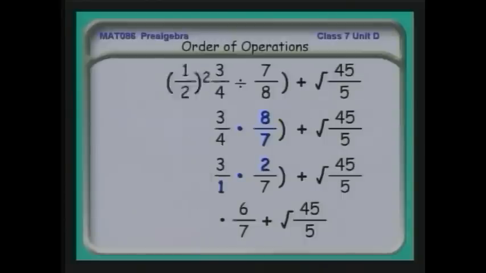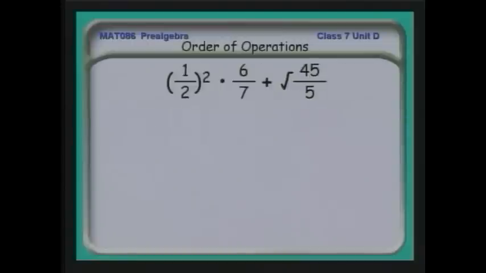Okay, the next thing I need to do is deal with the exponents, the powers. I have 1/2 squared and the square root of 45 over 5, or 45/5. Remember that 1/2 squared is a half times a half, and in this case I could look at the square root of 45 over the square root of 5, but that's not going to give me perfect squares.